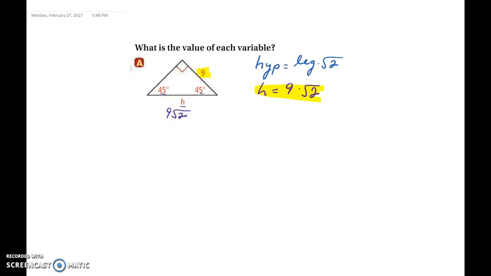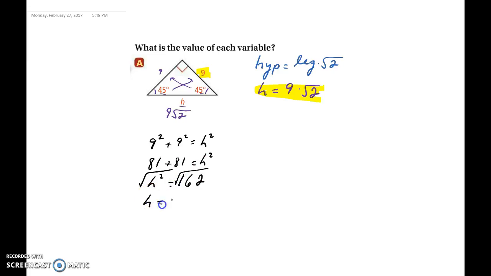All right, so it allows for us to solve for these questions a lot quicker than if we had to use Pythagorean theorem. If we had to use Pythagorean theorem for this, well, we could identify that since these are the same, that the opposite sides have to be the same, so we could say this is 9. Then we would have had to say, well, 9 squared plus 9 squared is equal to h squared. So then 81 plus 81 is equal to h squared. h squared is equal to 162.